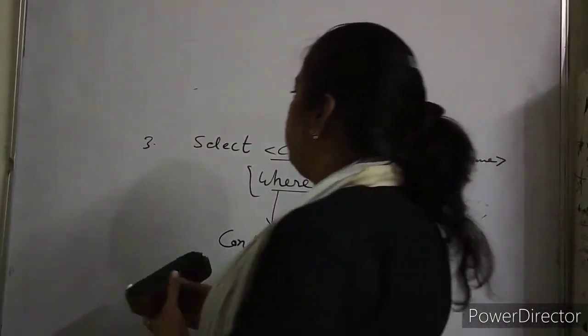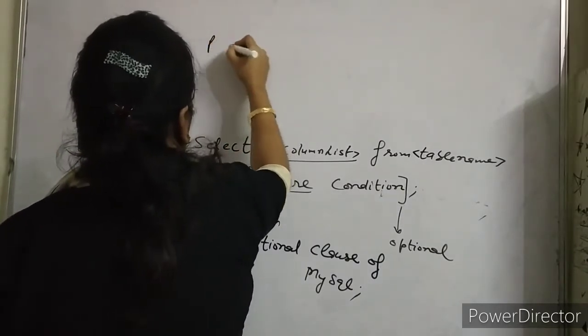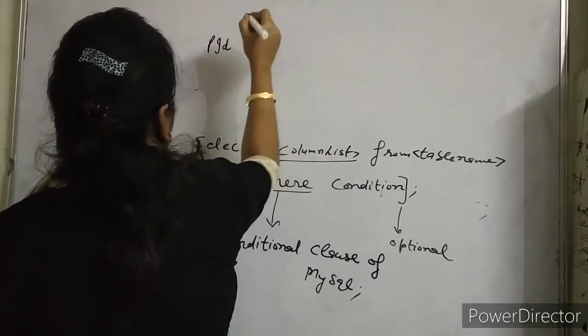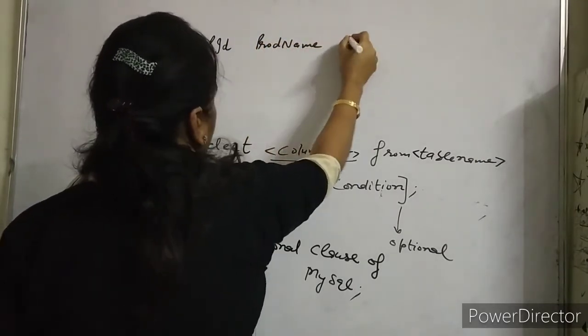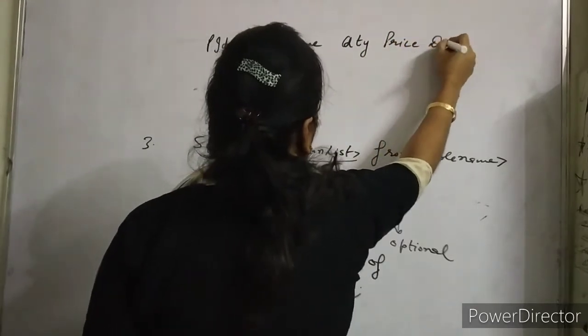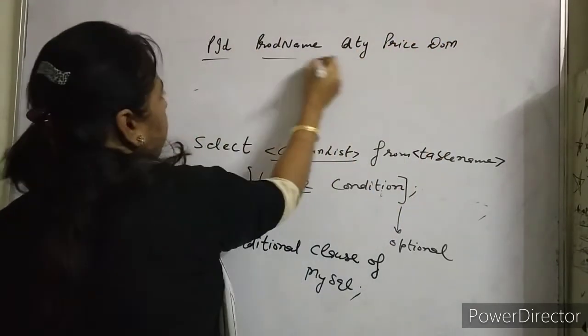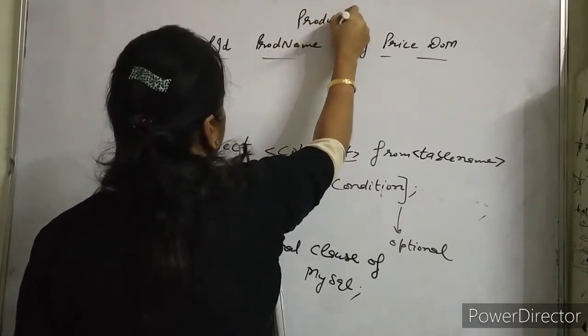For example, I am taking some records here. The product table, I am taking product ID, product name, quantity, price and date of manufacture. Yesterday you created this table. Table name is product.